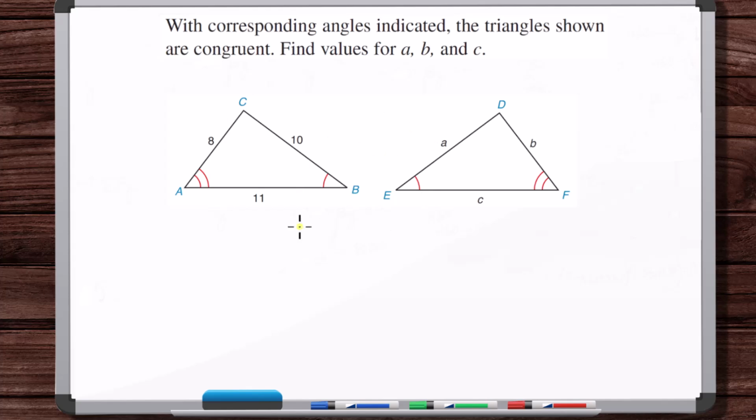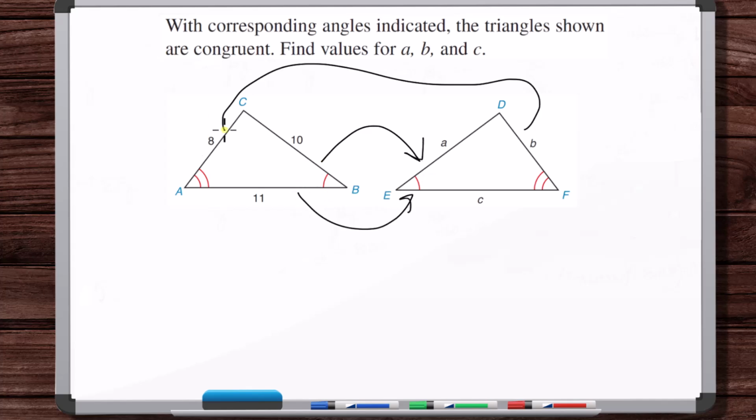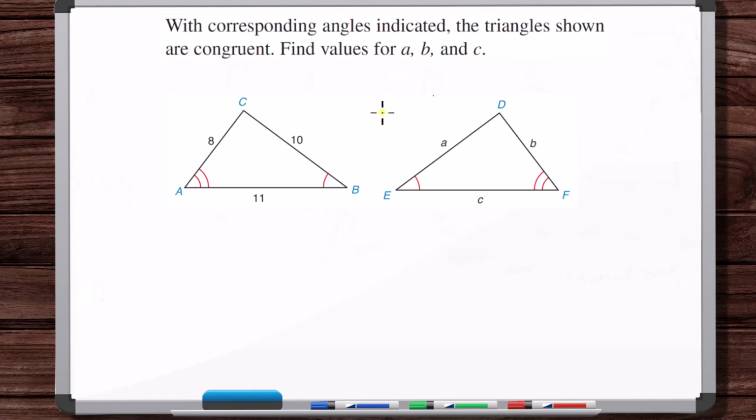Now we can visually get a sense for what corresponds to what. This looks to correspond to this, and this to this, and this to this. To make this more official, it would be nice if they gave us a statement of the congruence so we could match up the side lengths. But with triangles, we can use a trick.